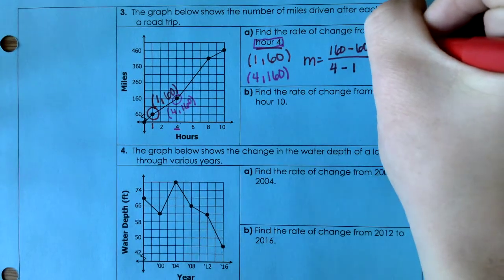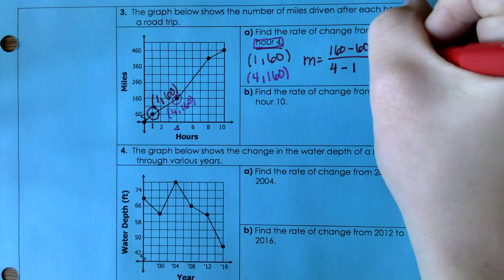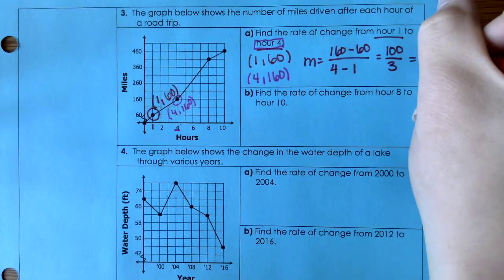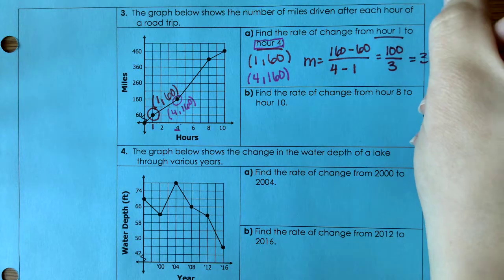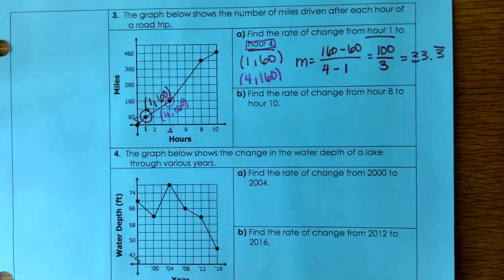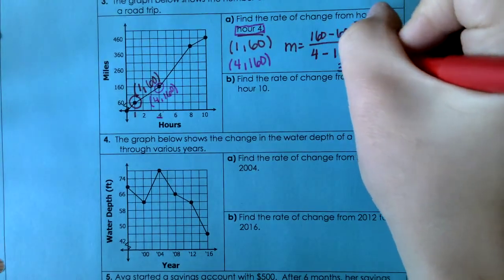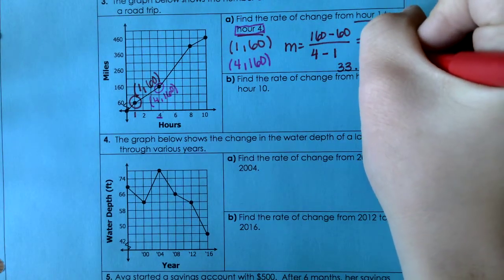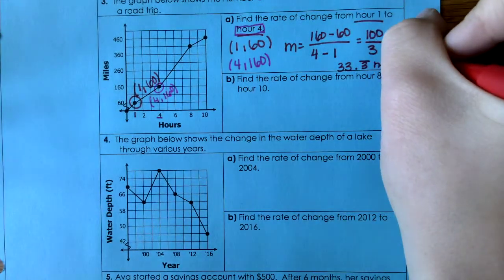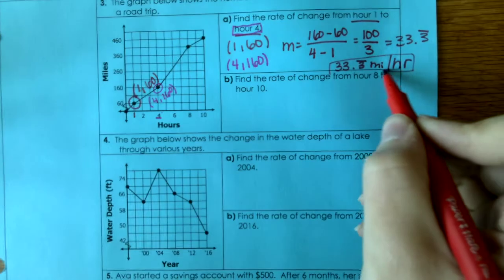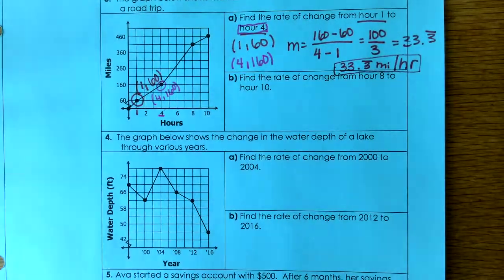So I'm going to have 100 over 3, and when I divide that out, that's going to give me 33.3 repeating, so I'm just going to put that repeating symbol there. And I have to make sure I have a label, so this is going to give me 33.3 repeating miles per hour. So that would be my final answer right there. Okay?